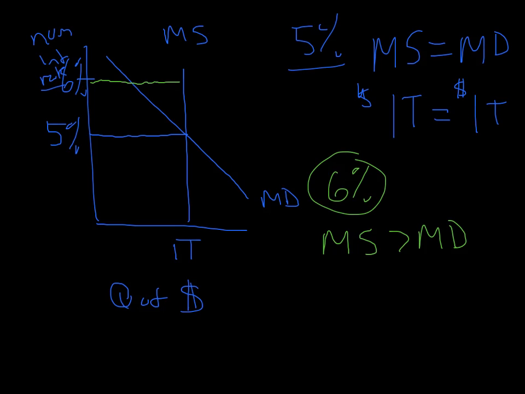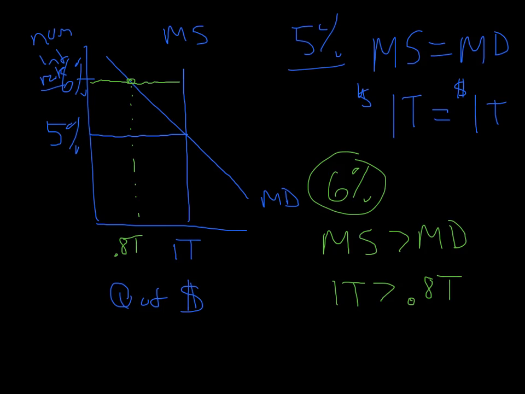Let's just assume that at 6%, 0.8 trillion is the quantity of money demanded. So at 6%, the money supply is 1 trillion. The money demand is 0.8 trillion, 800 billion.